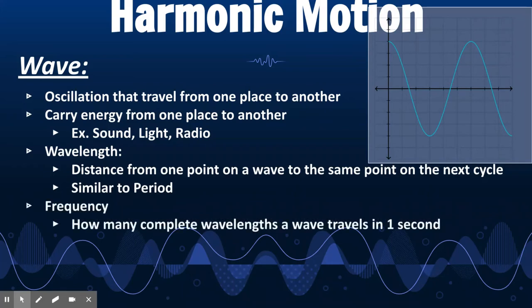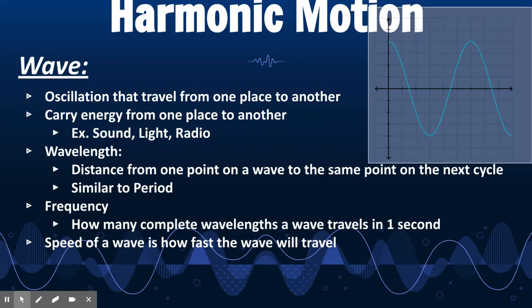Frequency is how many complete wavelengths a wave travels in 1 second. We measure this in hertz. A frequency of 1 hertz means that we have done one complete cycle, one oscillation, in 1 second. And then speed is how fast the wave is actually traveling through a medium.